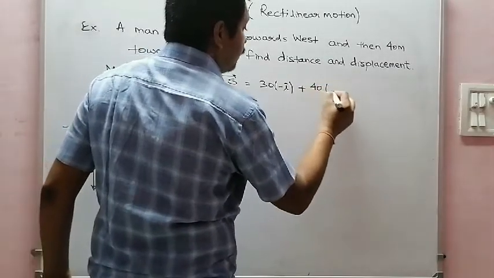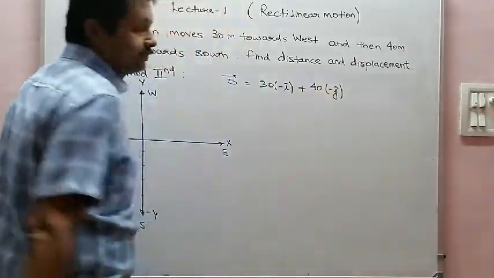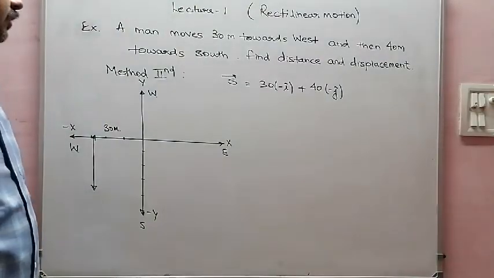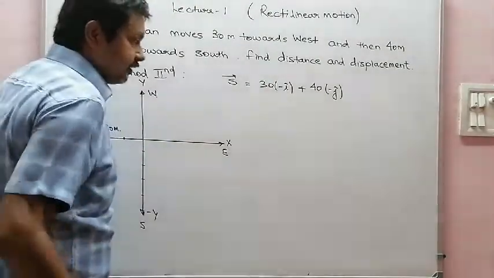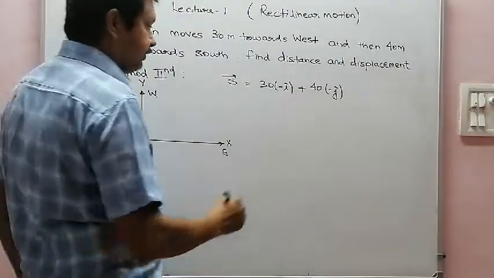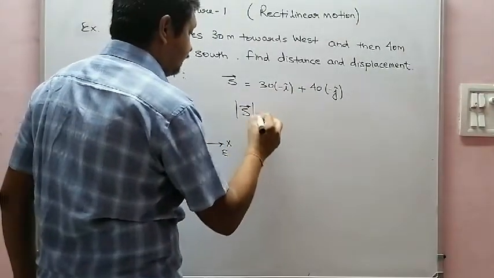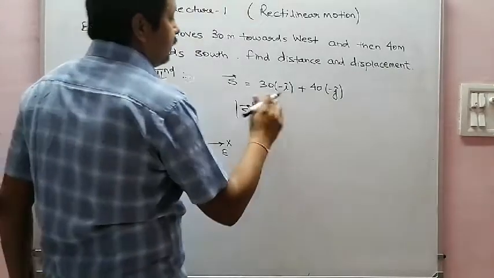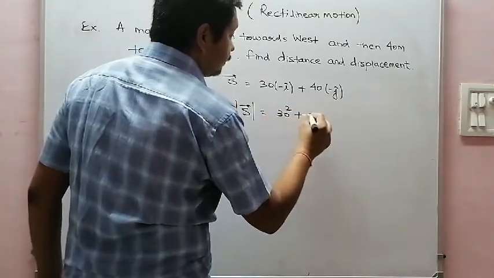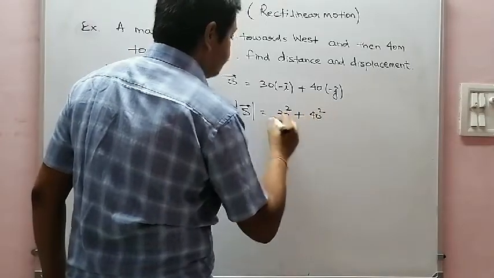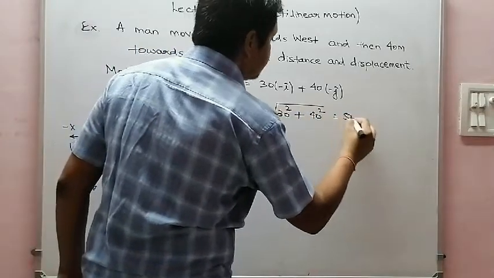So it becomes 40 minus j cap. Now we plot this vector. For plotting the vector, first find the magnitude of the vector. So the magnitude of displacement is the square root of the square of the I cap magnitude plus the square of the j cap magnitude, that is 50 meter.